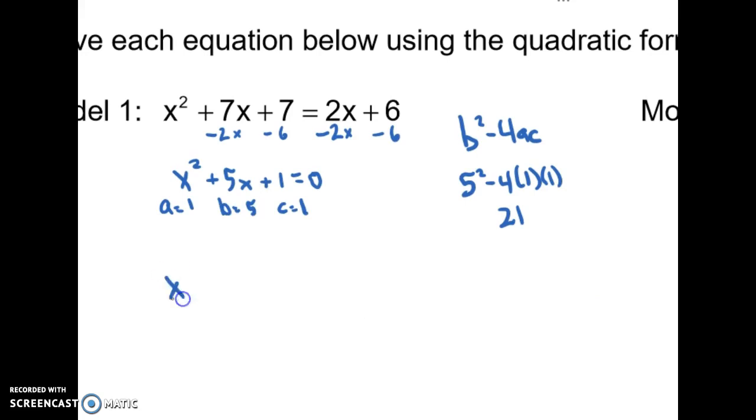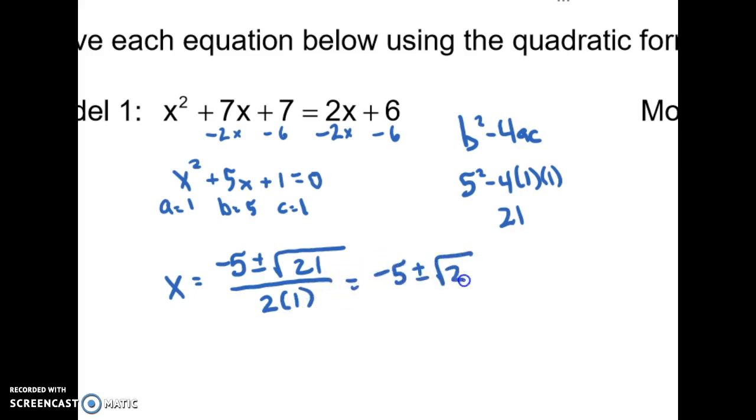We're going to take the opposite of b, so negative 5 plus or minus the square root of the b squared minus 4ac, which we know is 21, and we divide it by 2 times a, which is just 2. So our final answer is this, because we cannot simplify the square root of 21. And so there's our answer.